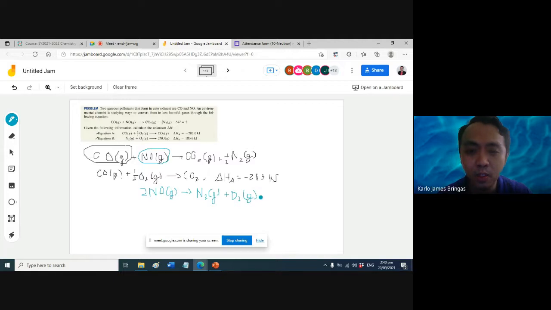So taking the reverse, ang delta H niya magbabago. So can you tell me what is the new value of delta H for equation B?